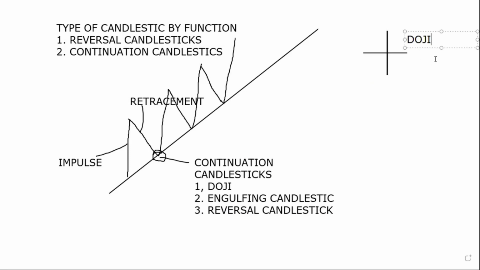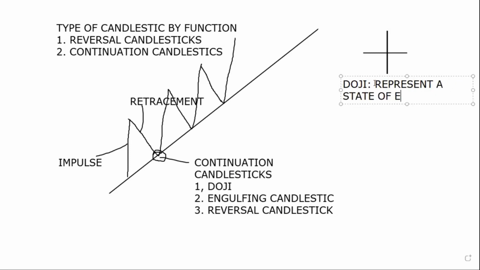What is the doji candle? A doji candle represents a state of equilibrium. That's what it does. It shows a state of equilibrium in the market. I'm still speaking big grammar.